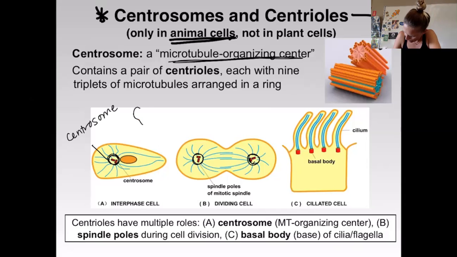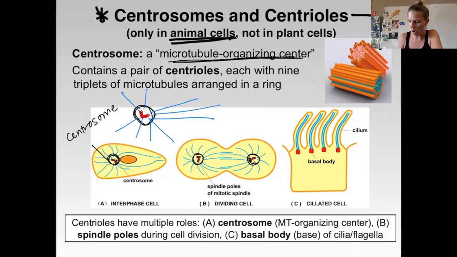The centrosome is kind of this amorphous thing. Inside of it, you have two centrioles. Together, they are responsible for growing microtubules, right? Those long, hollow tubes. And that is really important for the structure of the cell.